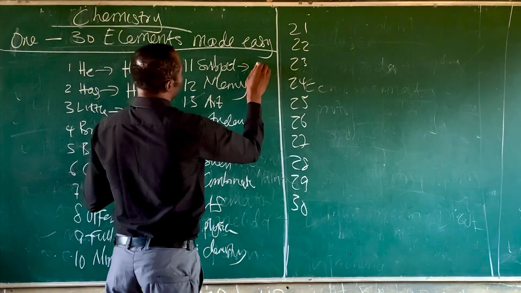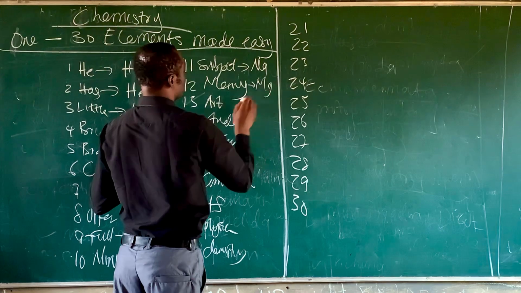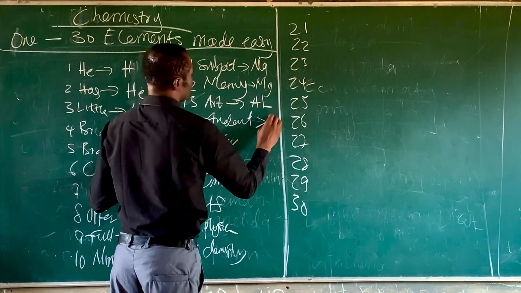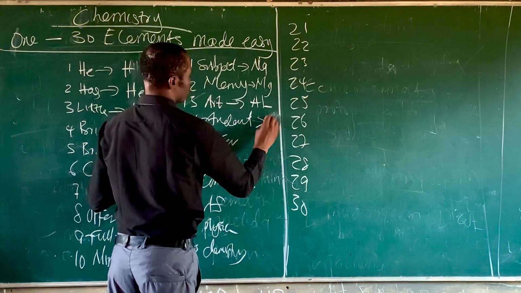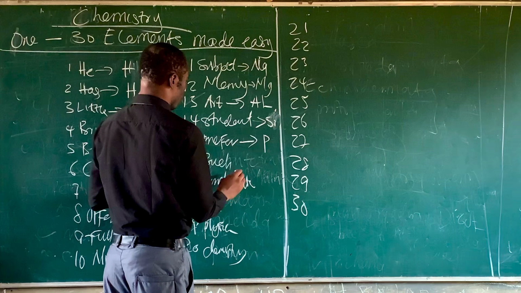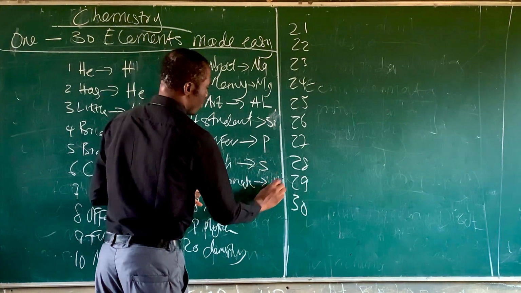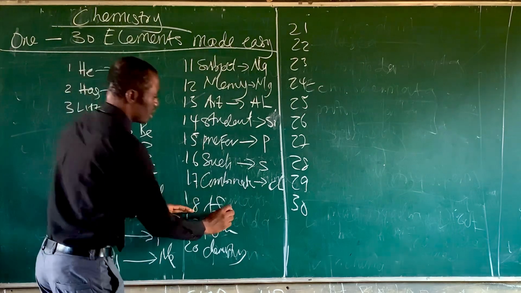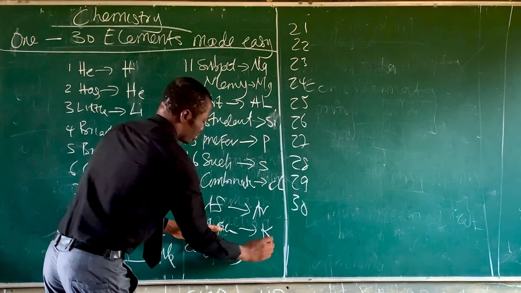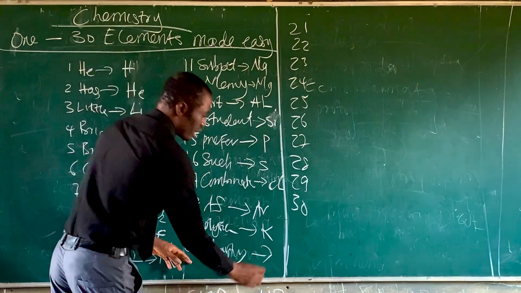Subject is sodium, many is magnesium, art is aluminum, student is silicon, prefer is phosphorus, such is sulfur, combination is chlorine, art is argon, physics is potassium, chemistry is calcium.